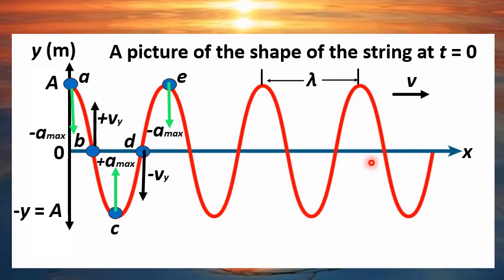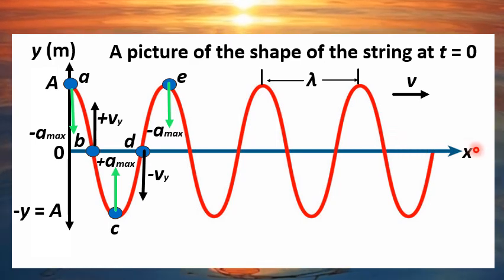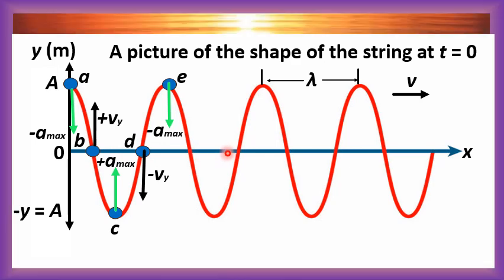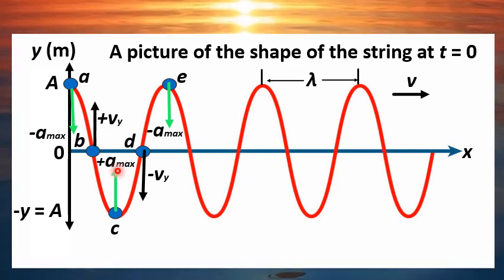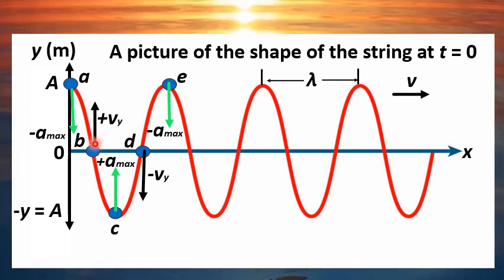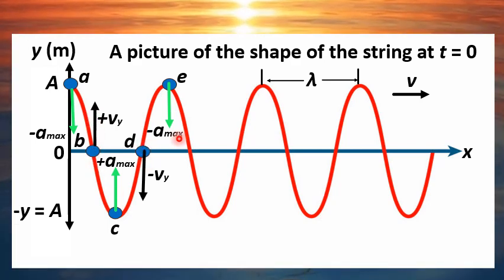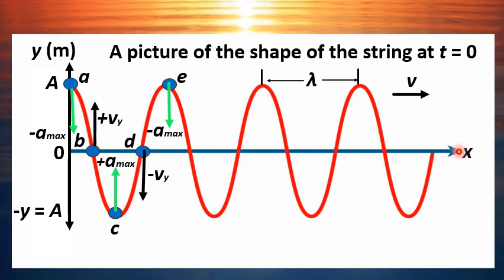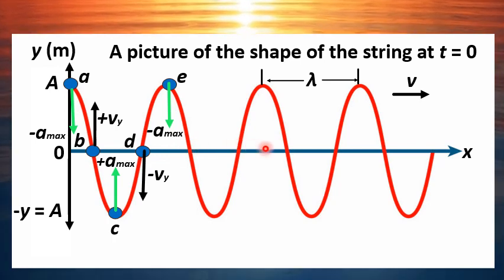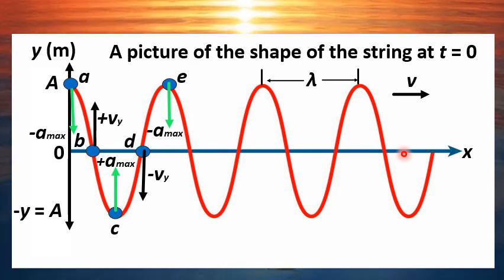The particles in the medium, which is the string, vibrate such that the direction of their transverse velocities is perpendicular to the direction of wave propagation. Hence, this type of periodic wave is known as a transverse wave.